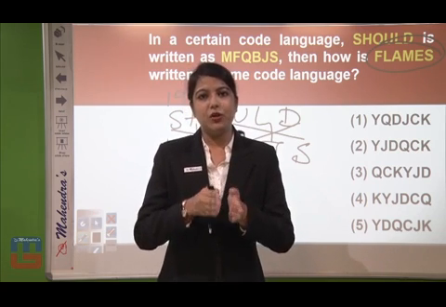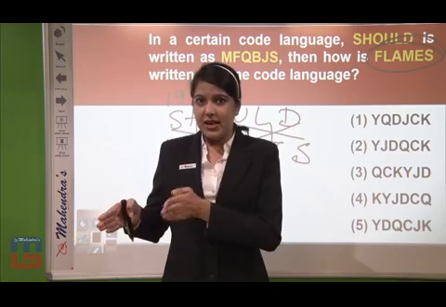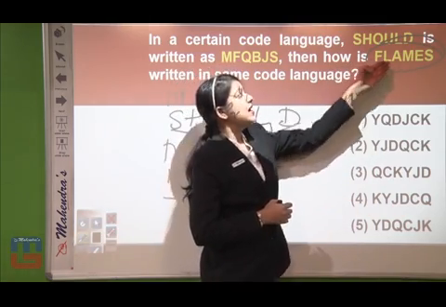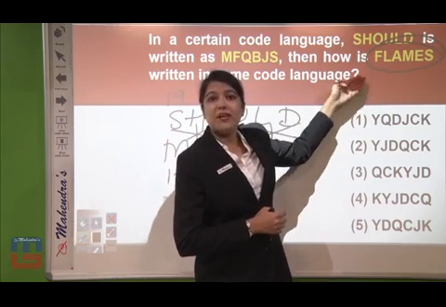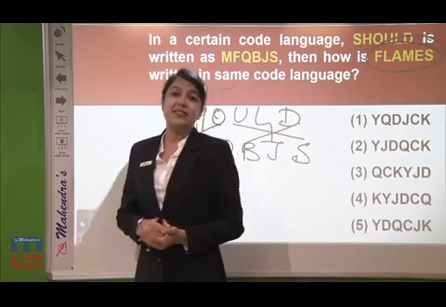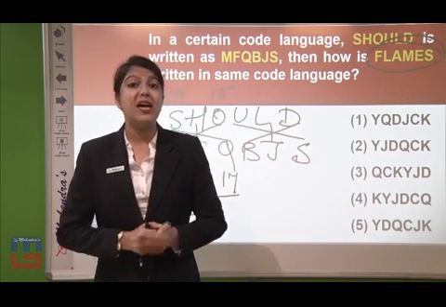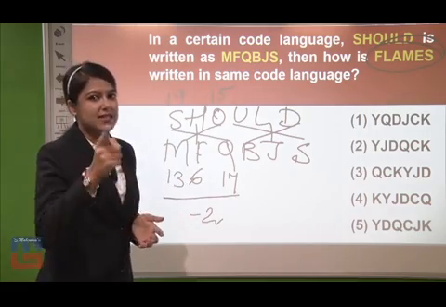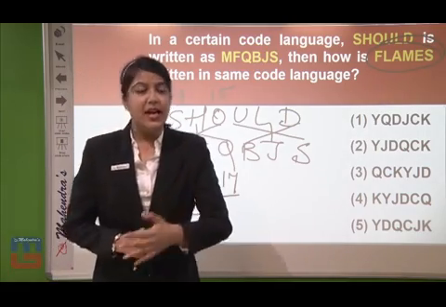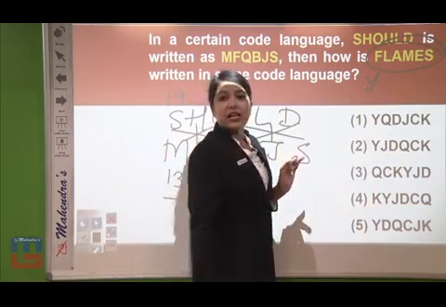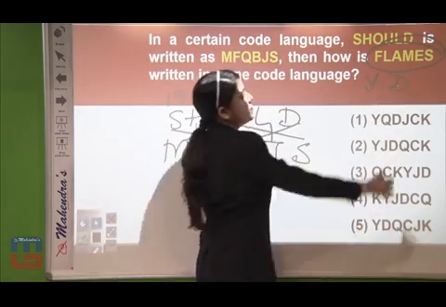That means if we go 2 steps back from A, that letter will be Y. Very good. Now if A's replacement will be done by Y, F's coding will be done by 6 -2. Why 6 -2? Because F's place value is 6 and 6 -2 is D. That means we want Y in the first position and D in the third position.